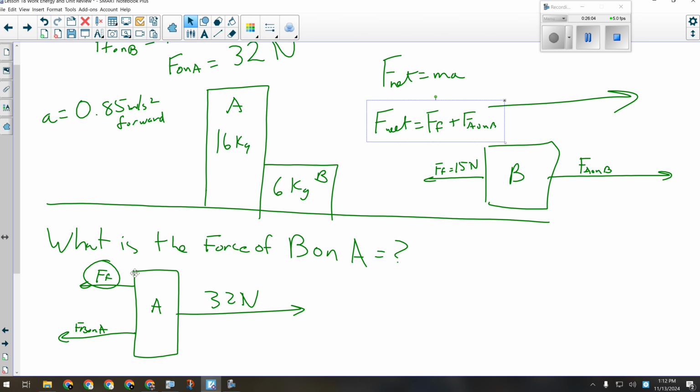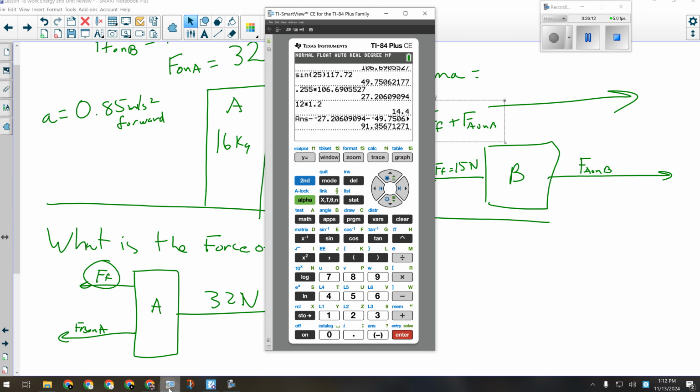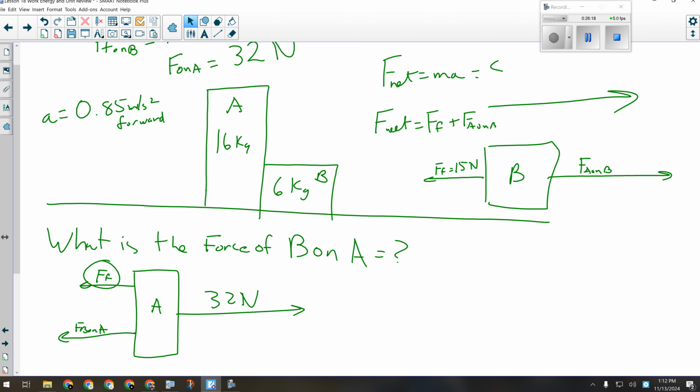So yes, I can use box B to get the thing I'm looking for, or rather, its opposite. So we'll take 6 and multiply it by 0.85. The net force on box B is 5.1 newtons. And F net minus the force of friction should equal the force of A on B.